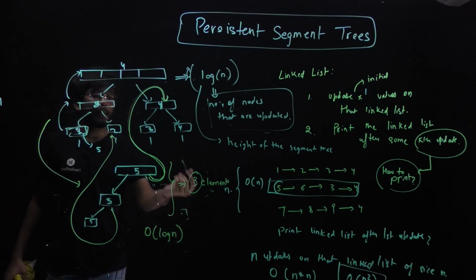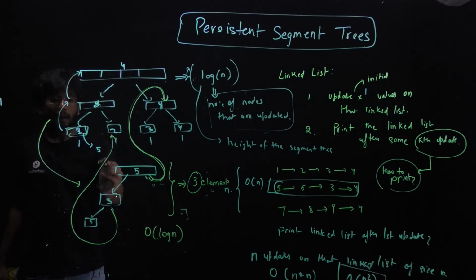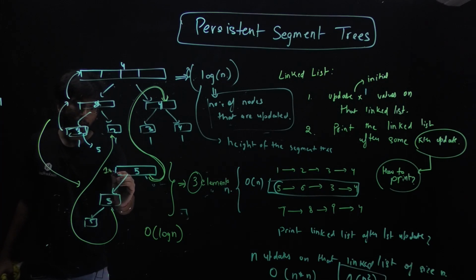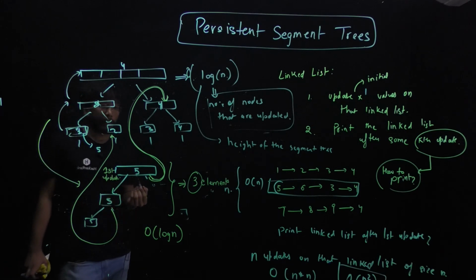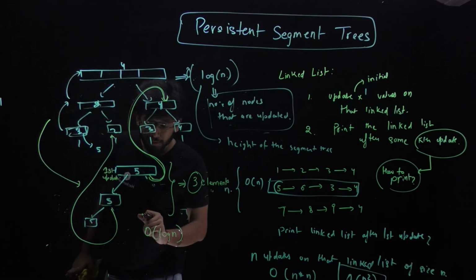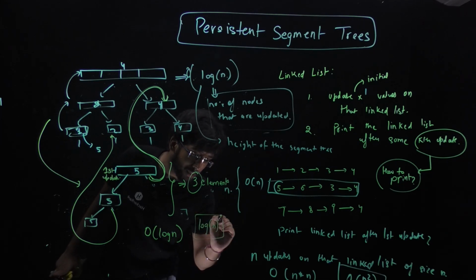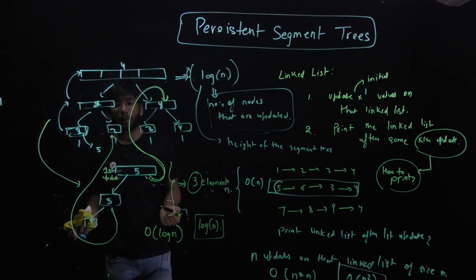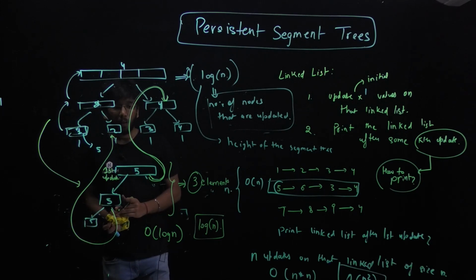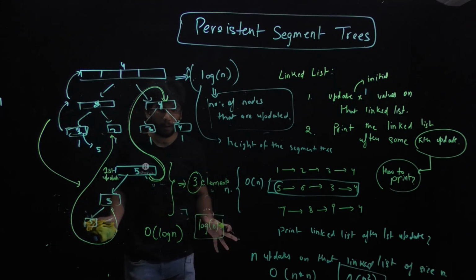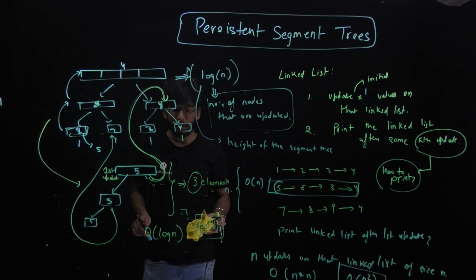So we can now very easily print the segment tree after the first update, which is this. And for each update, we just need log n information for that particular update. So this is the entire theory thing for persistent segment trees.